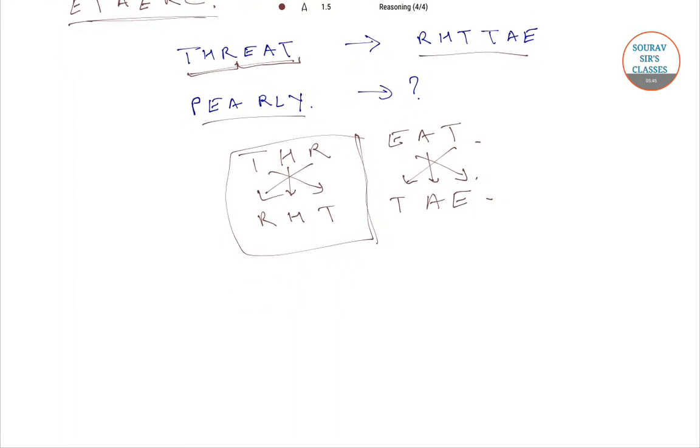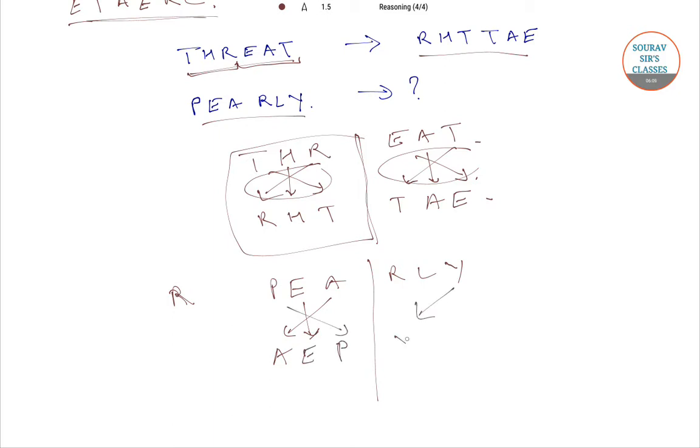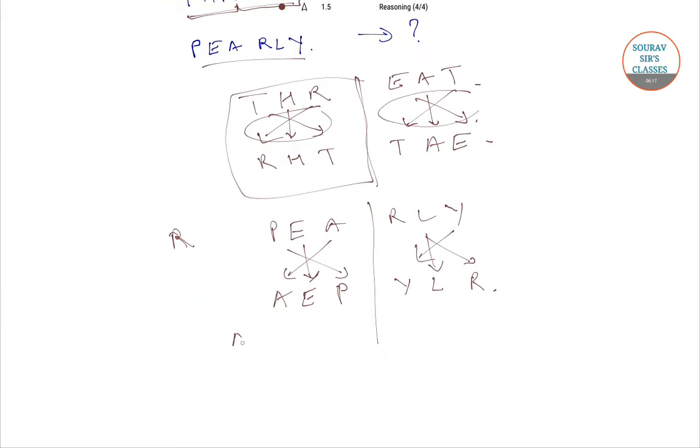So if we write the word PEARLY, we're dividing it. Now using the same coding technique, A will go this side, E will remain as it is, P will go this side. Similarly, Y, L, R. So the answer is AEPYLR. So this is how pearly would be coded.